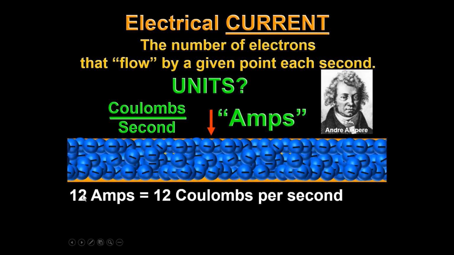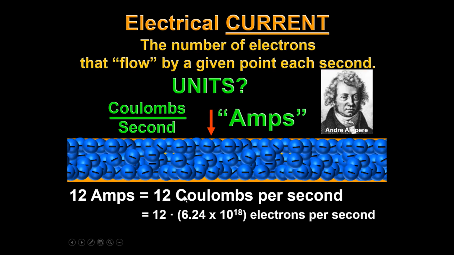And if we have in a circuit or through a wire 12 amps, that means there are 12 coulombs of charge flowing by a point every second. That doesn't sound like a lot, but if we understand that a coulomb is 6.24 times 10 to the 18th electrons, there's 12 times that flowing by every second.